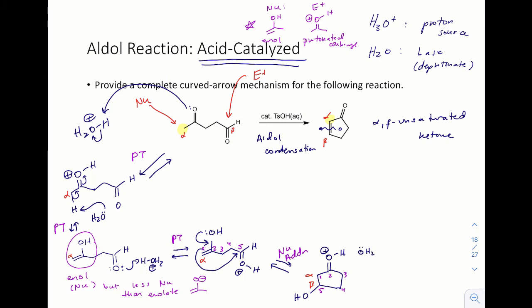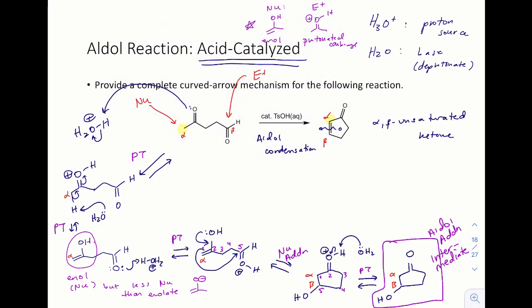The protonated carbonyl compound undergoes deprotonation with water as the base, right? Under acidic aqueous conditions, water will do the deprotonating to generate the neutral beta-hydroxy ketone. That's the same aldol addition intermediate. The ultimate product of this transformation is the alpha-beta unsaturated ketone, the condensation product.